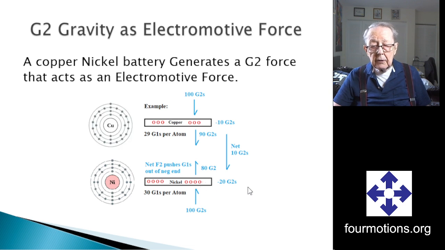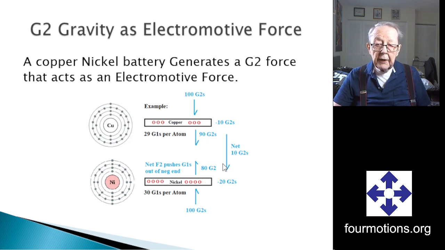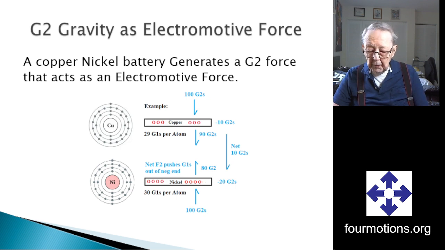And through nickel, just to pick a number, it's not necessarily obviously the right number, you lose 20, you get 80, and therefore you have a net of 10 G2s from the copper plate to the nickel plate, and it is specifically that net force that pushes the electron out of the negative end of the battery.